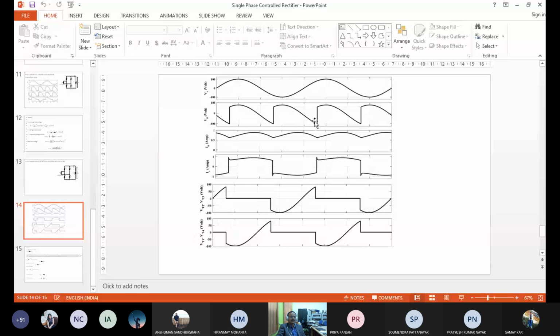One switch is off, so 2 Vm will appear across the other switch which is off. If you apply KVL, when one switch is conducting and the other is off, the voltage across the off switch is 2 Vm.